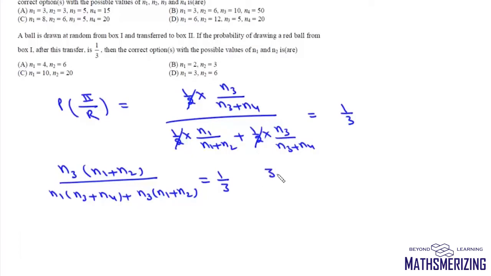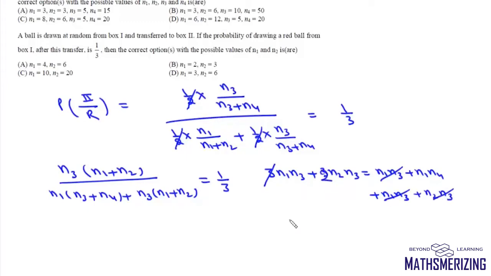Now we can write this as 3 N1 N3 plus 3 N2 N3, and it will be equal to N1 N3 plus N1 N4 plus N1 N3 plus N2 N3. Now N1 N3 twice will cancel here. Now this N2 N3 will be this 2. So we can write 2 times N2 N3 must be equal to N1 into N4 minus N3.